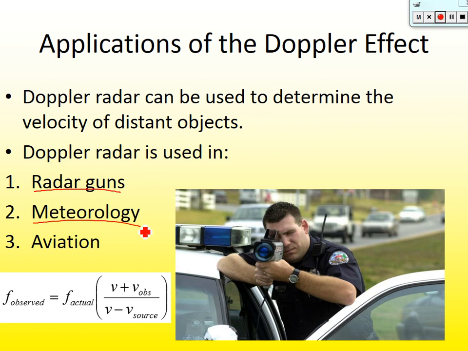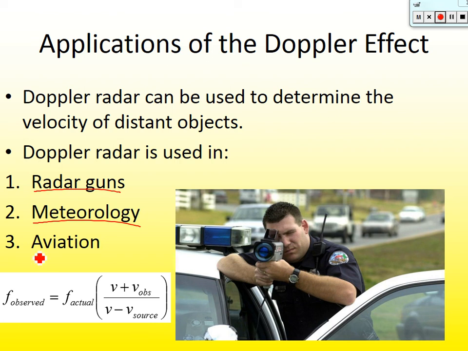In meteorology, there's a news station that always says Doppler weather forecast. They use Doppler radar, sending out these waves from the top of their building in a 360-degree pattern. When they come back, they measure the differences in frequencies, and it can tell you the velocity of the weather in that area, so the clouds.